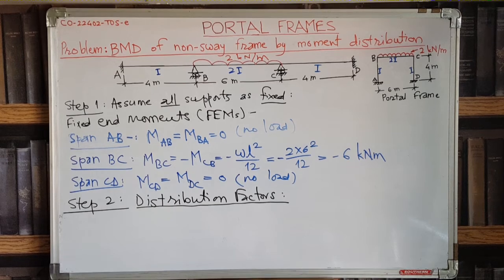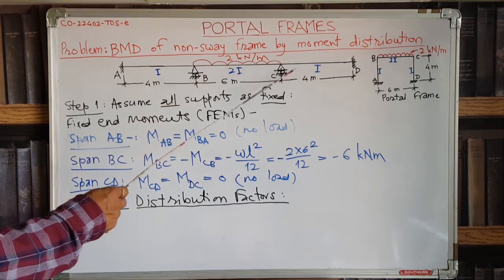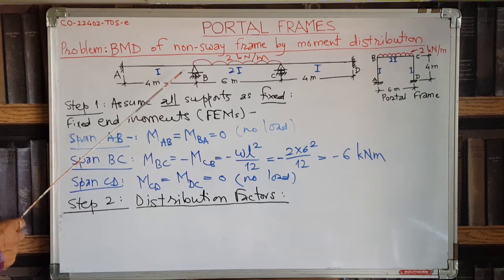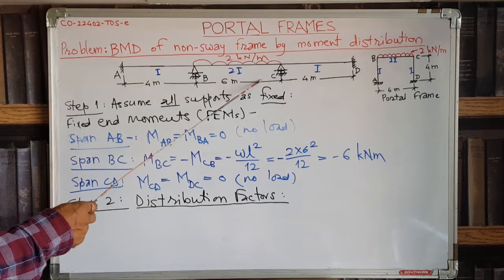We know that in moment distribution method, at the joints at B and at C, we are required to distribute moments. The moment distribution factors are therefore required to be calculated at every joint.